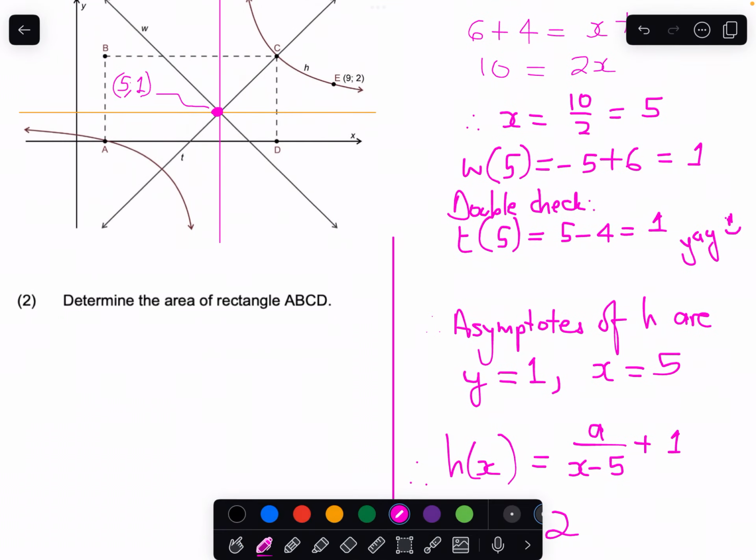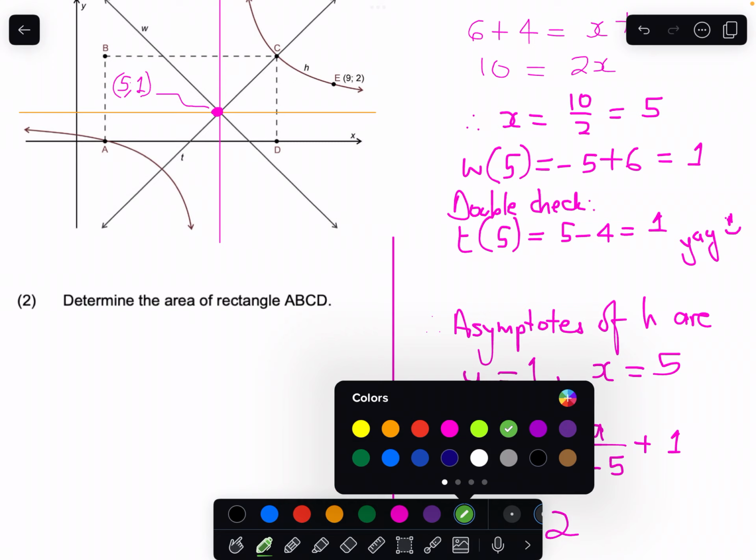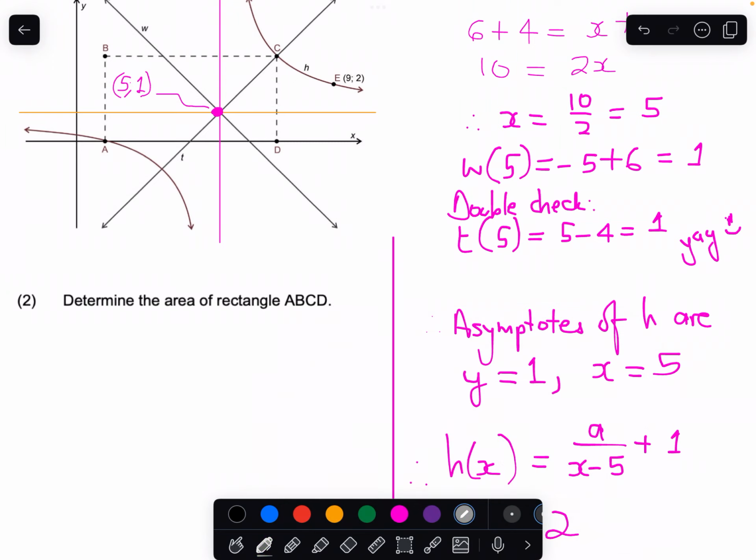So we're going to find, in another color, the x-intercept.